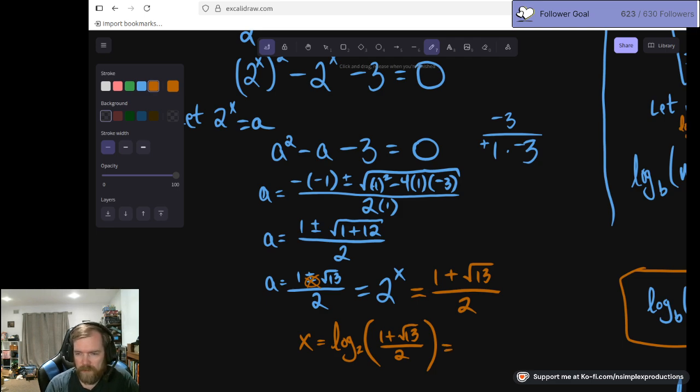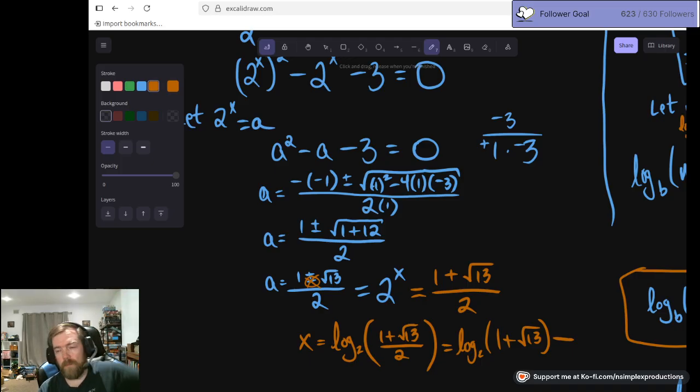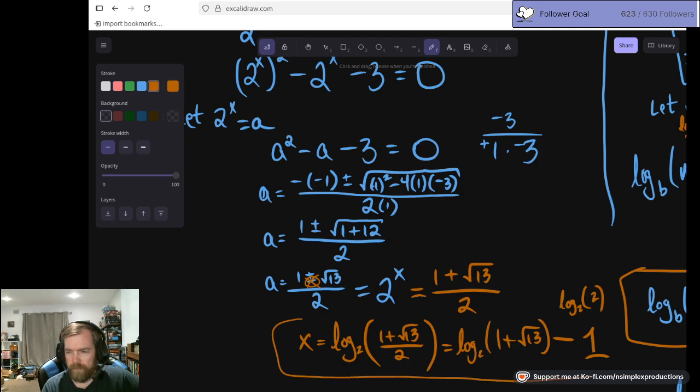That could be equal to log base 2 of 1 plus the square root of 13 minus, because again we did that stuff up there, if you have a division inside, that's going to break it down and make it a subtraction of the denominator. So log base 2 of 2, which is going to be equal to 1. Whichever version of this you want to put out there, as long as it makes sense to everybody, you're good.